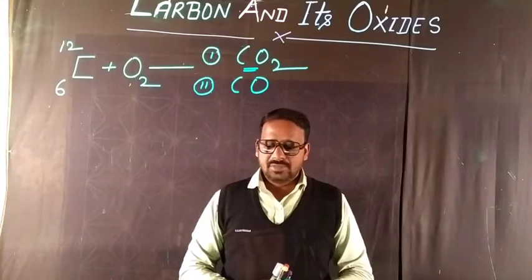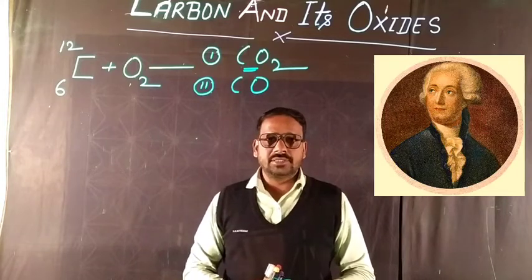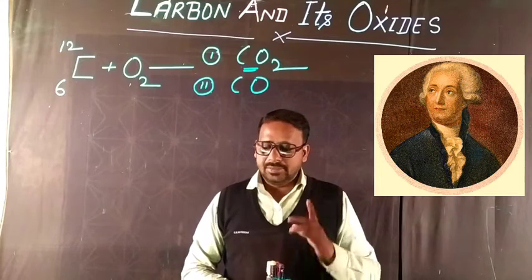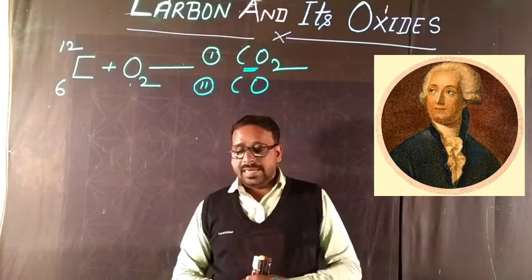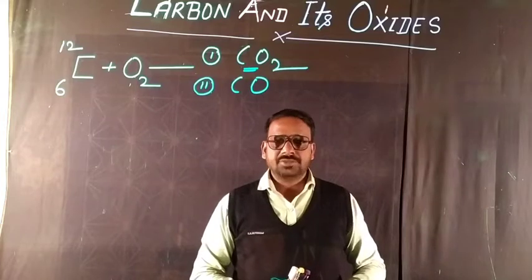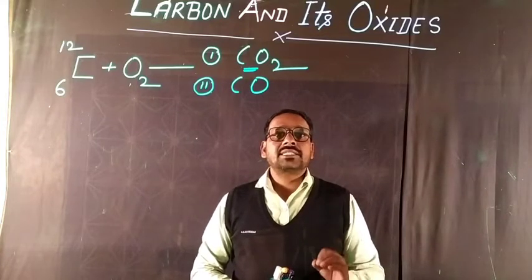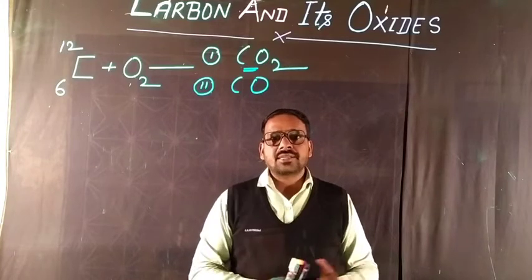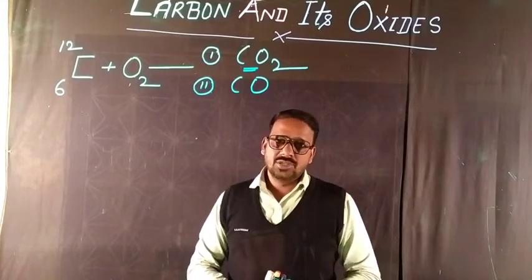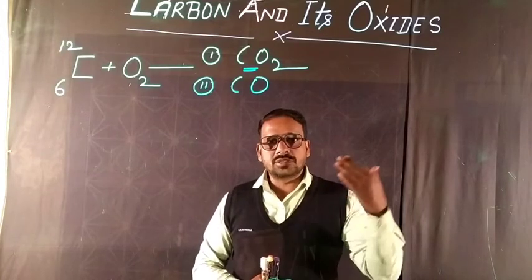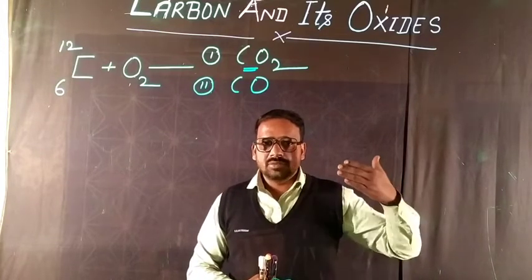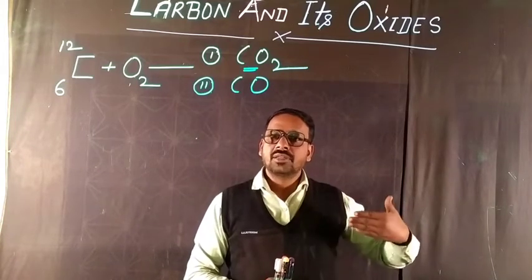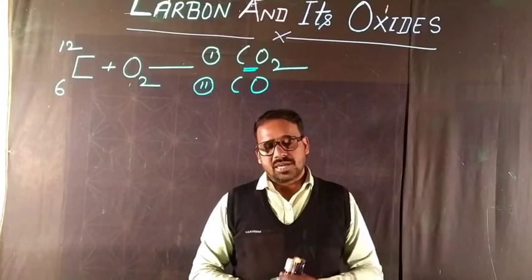After that, Antoine Lavoisier determined the composition of carbon dioxide in 1783, and he named it acide carbonique. After some time, it was named carbon dioxide. So it is a history: who discovered it, who named it, and how we got the final name carbon dioxide.